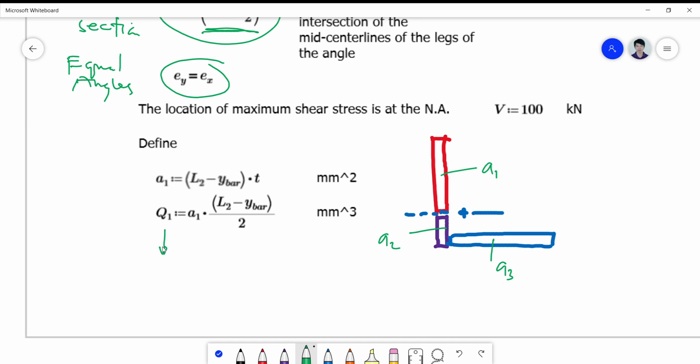A Q is actually a first moment of area, no? Defined in your strength of materials, which is simply a YDA, okay, area times a moment arm, or simply in geometrical sense, it's simply an area times y bar.